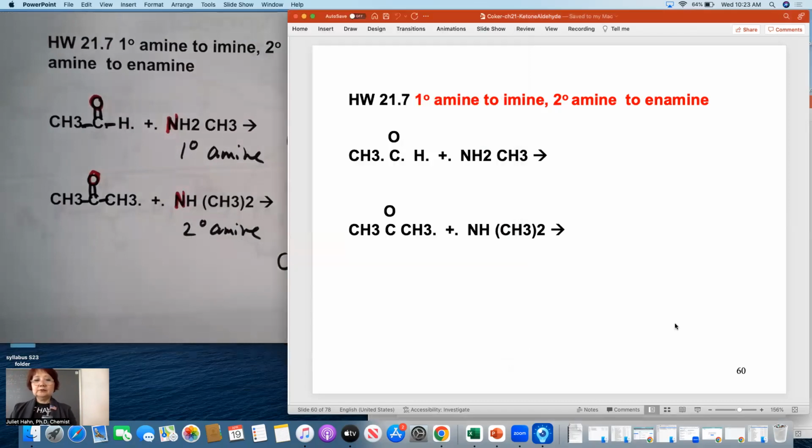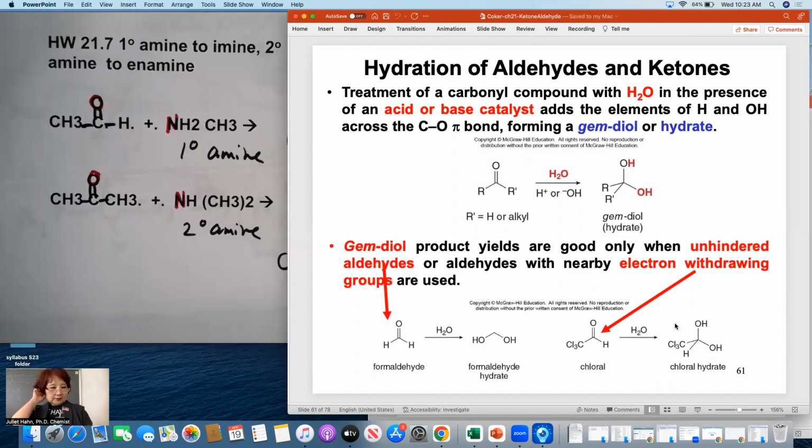Okay, so we're almost done with all the reactions in this chapter, except for a reaction that's actually useful in a way, because you use it for protection of a ketone if you're trying to do a reaction somewhere else other than the ketone that you're trying to protect. This also is addition of water onto a carbonyl carbon.